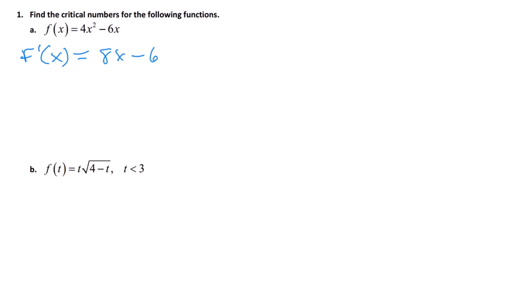I get this, and then I set that to 0 to find out at what x value the derivative is going to be 0. I'll solve for x, and when x is 3/4, I know that the derivative is 0. So that means 3/4 is the single critical number for this function.